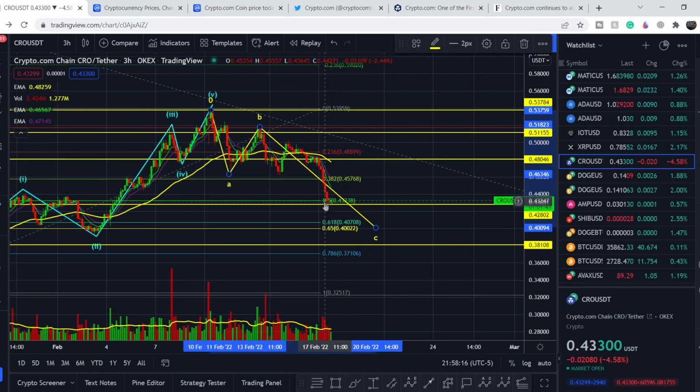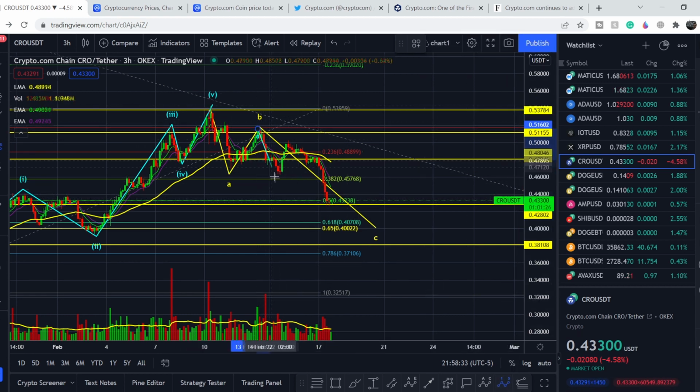So, how can we define what type of price action we will have next? In my opinion, this is only the first wave in our C wave, and this is definitely the second. This entire wave is the third, and I don't think that we completed all of these waves inside the third wave. This means we might see some lower price action.